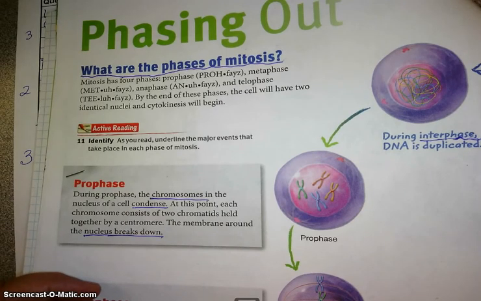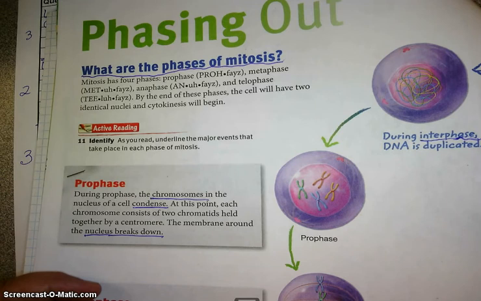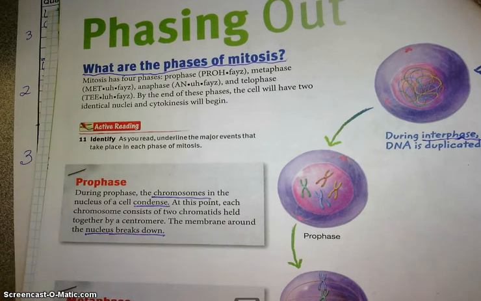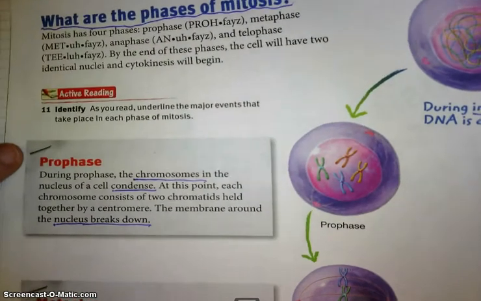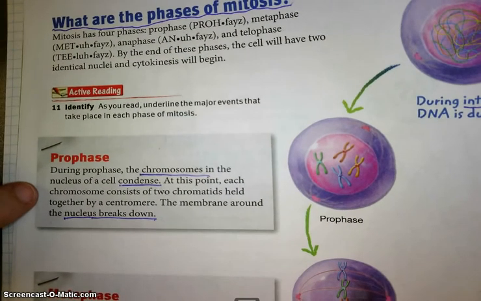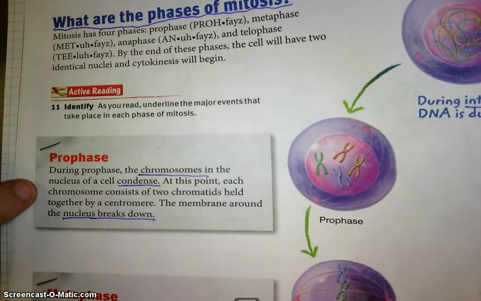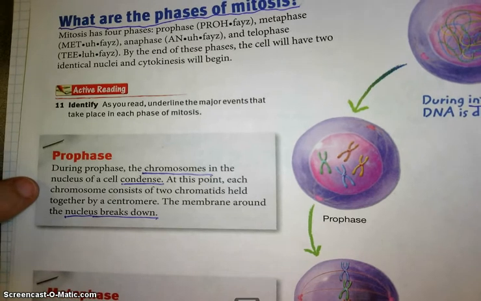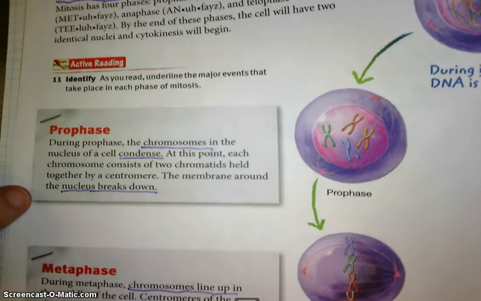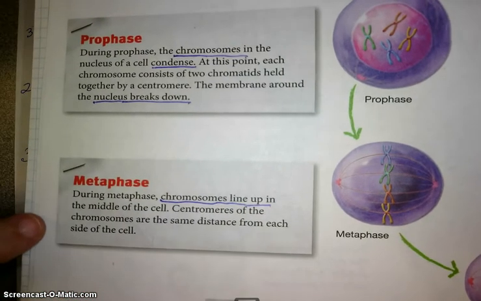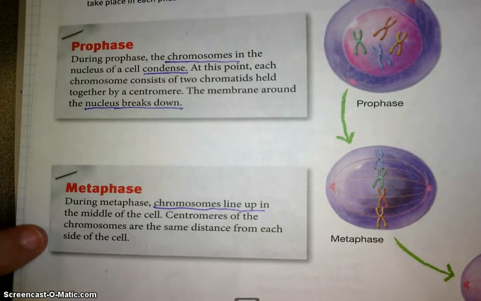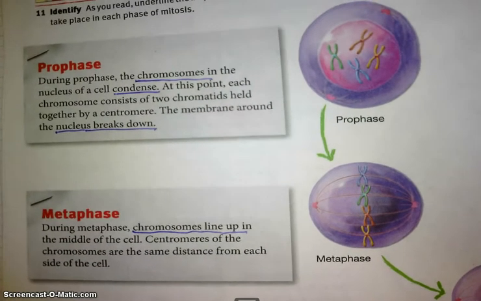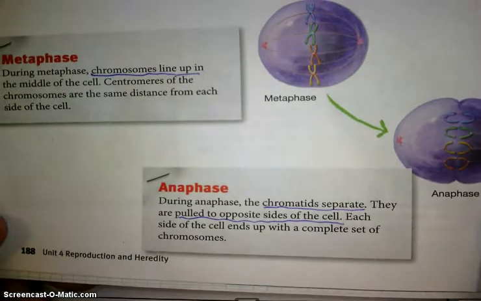On to page 188 and 189, it says, what are the phases of mitosis? And then in red, we have those phases. Prophase, which it says the chromosomes of the nucleus of the cell condense and the nucleus starts to break down. Metaphase is when the chromosomes all line up in the middle of the cell and the centromeres of the chromosomes are the same distance from each side of the cell.